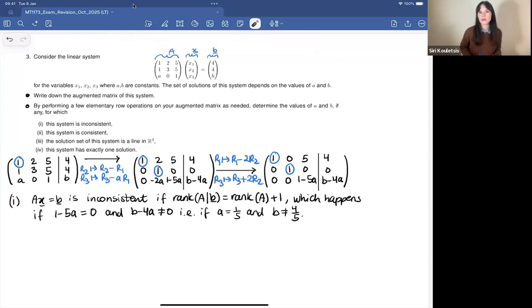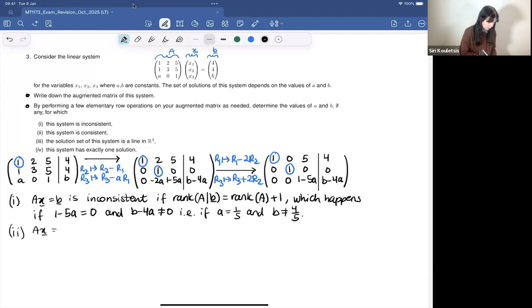It has no solution. Now, how about consistency then? Are there any values of A and B in AX equals B for which the system is consistent?